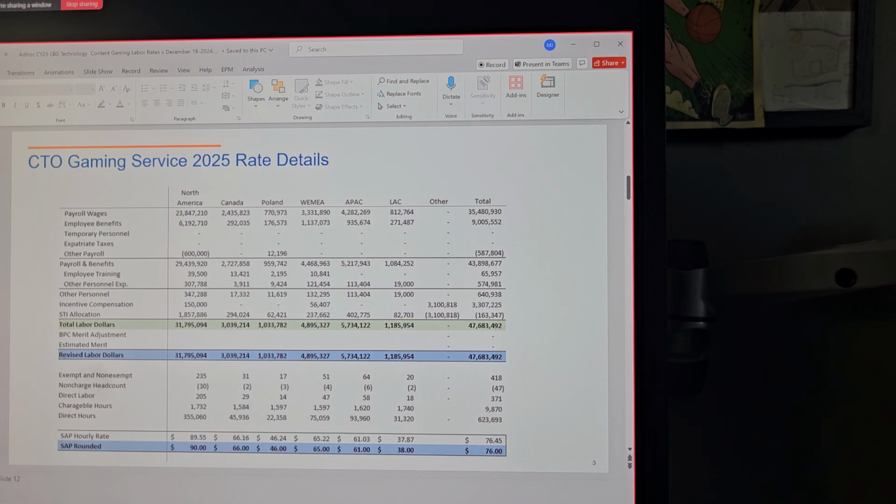We say that the non-charge head count are people who either don't charge their time or charge a fraction of their time, whether that's 25% or 80%, to projects, and we come up with a direct labor head count, and then multiply by the number of chargeable hours. That equals direct hours. So the numerator of labor dollars divided by direct hours will give you the labor rate. And that's how we do it.